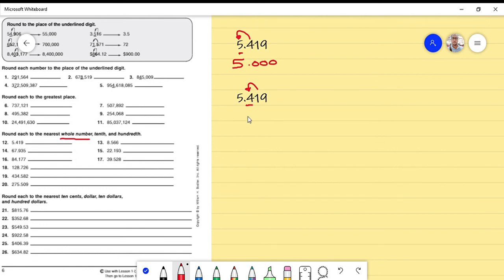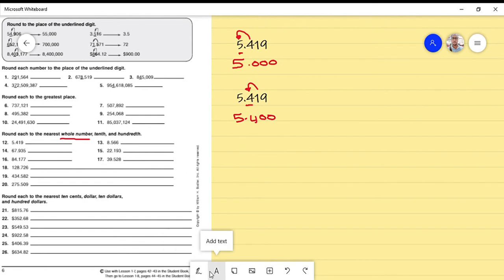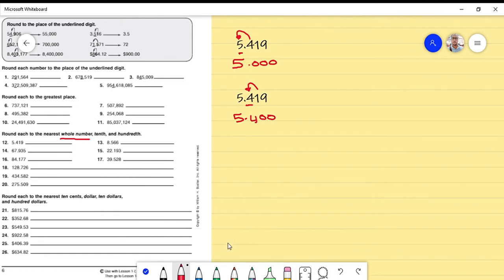So you keep 4 as it is. As I said before, you can write zeros, but we can remove them because they have no meaning. So it is 5.4.